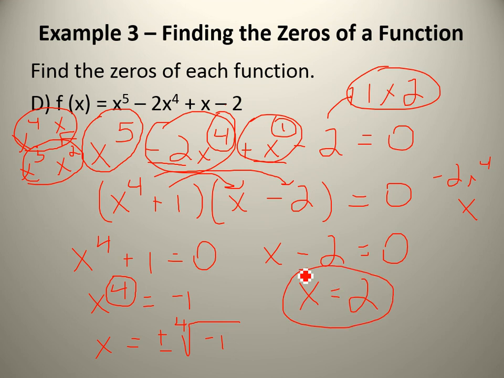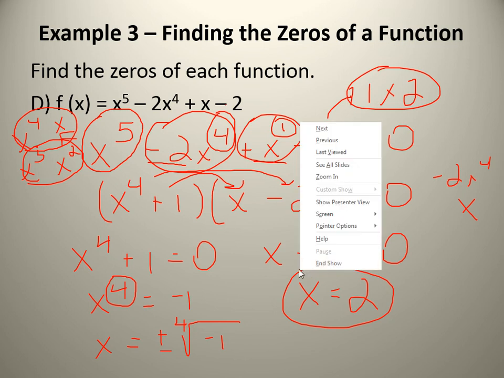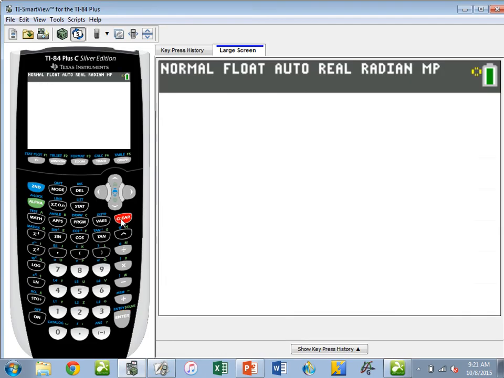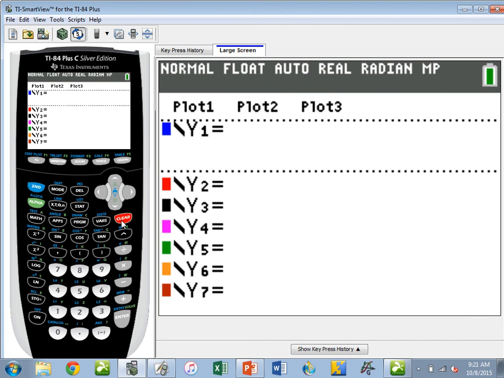One of the things I just want to point out to you is, when you go to check this, or when you go to graph this, notice that there's only one real solution. So let me pull this up here. This is x to the fifth minus 2x to the fourth plus x minus 2.